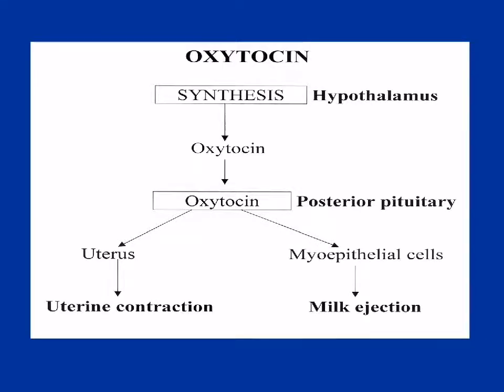Here is a diagrammatic presentation showing the pathway originates from the hypothalamus, the senses, and then the hormone oxytocin goes to the posterior pituitary, makes stimulation to either the uterus or myoepithelial cells. The uterus makes uterine contractions, and myoepithelial cells make milk ejection.